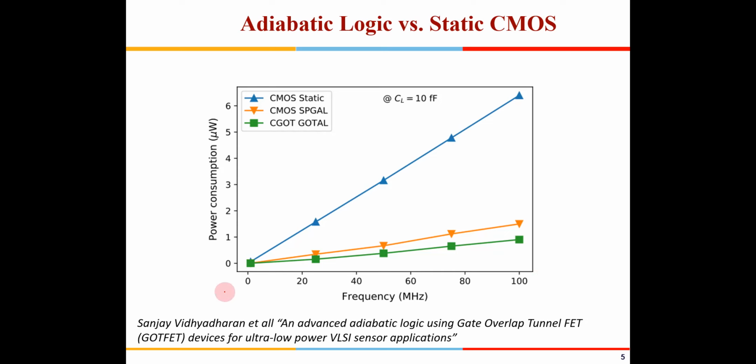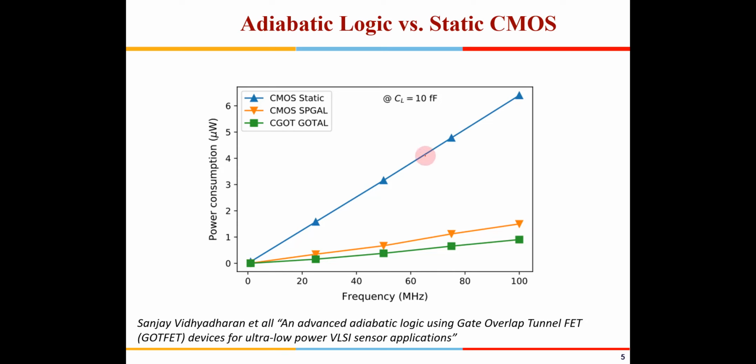So this was some study which I had done in one of my papers, in which this was static CMOS circuit power consumption as compared to that of an adiabatic CMOS, this orange one. This green one was with another circuit which I had proposed with TFETs. Okay, so that we will not discuss out here.